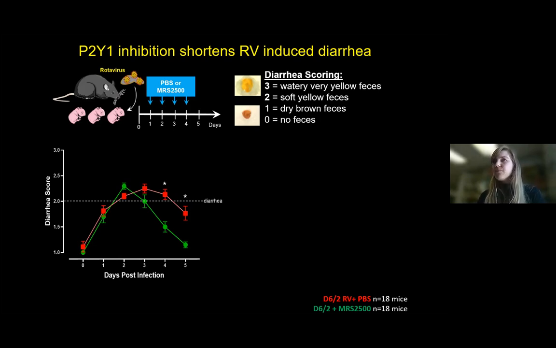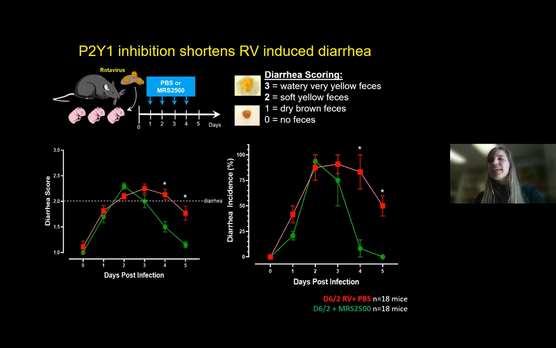And starting at day 4 post-infection, we see that there's a significant decrease in our diarrhea score within our MRS treated groups, shown here in red. Furthermore, when we look at the diarrhea incidence, where we're taking the number of pups with diarrhea over the total pups that stool for each day, we also see this similar trend starting at day 4 post-infection, where we have a significant decrease in that diarrhea incidence in the MRS treated groups.